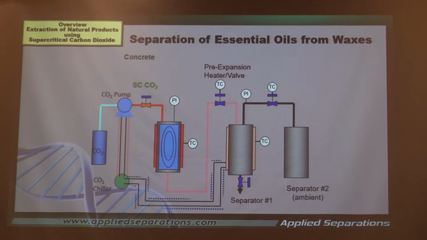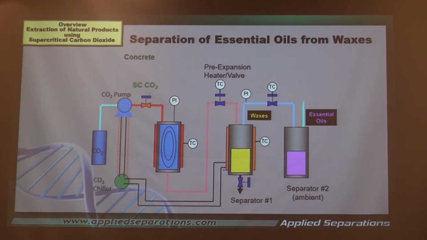The waxes are not soluble in liquid CO2. Many of the essential oils are. So in this particular case, I've now separated the waxes. They will fall out of solution, and then I go ahead and depressurize to a gas, and all the essential oils will come out. So my point in mentioning that you can easily separate these two, we're talking solubility all the time.